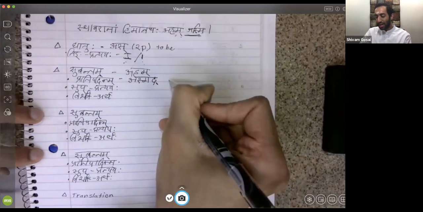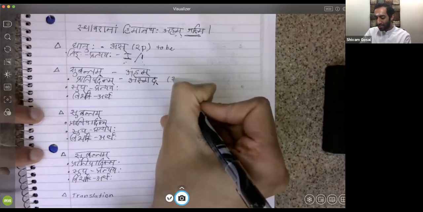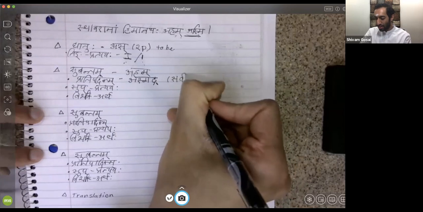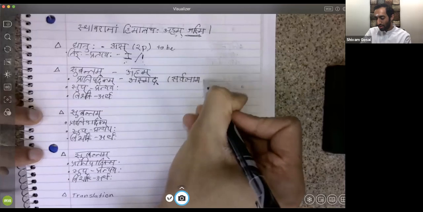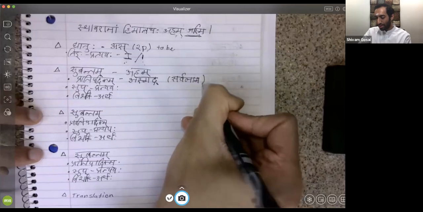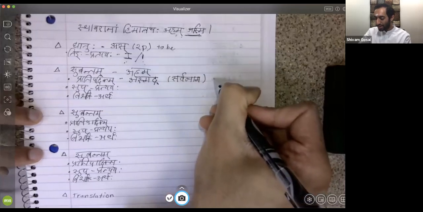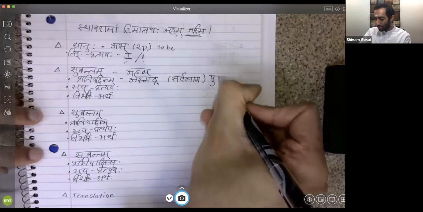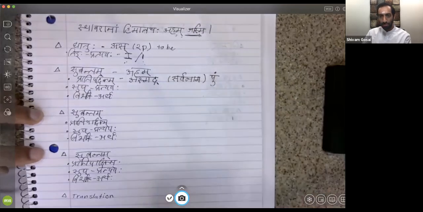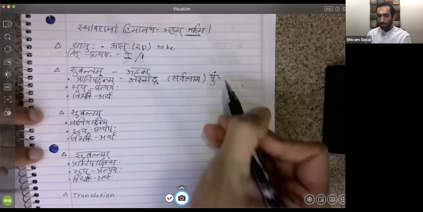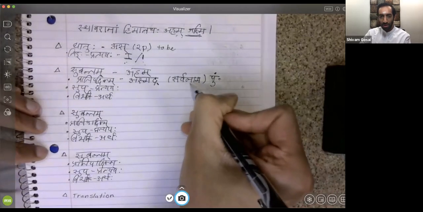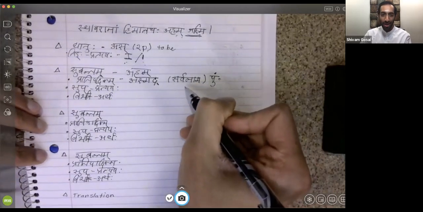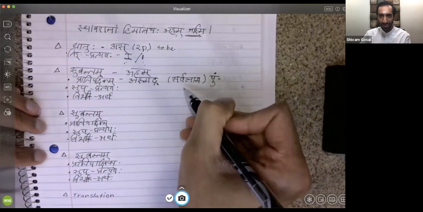Asmad, we can say dakaranta, but we can also say it's a sarvanama. Sarvanama means it's a pronoun, and here we're using it as punlinga. Sarvanama means name for all, and a name for all is also called a pronoun in English.